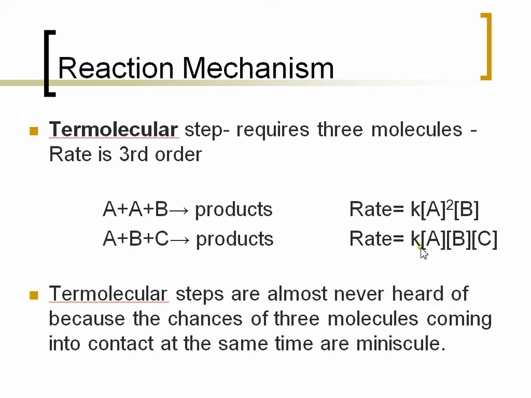These are very rare because not only do the molecules have to collide, they have to have enough energy and the right orientation. So termolecular steps are very rare. It's hard for three molecules to actually collide together at the same time with the right criteria. Usually reactions are first or second order or zero order for that matter.